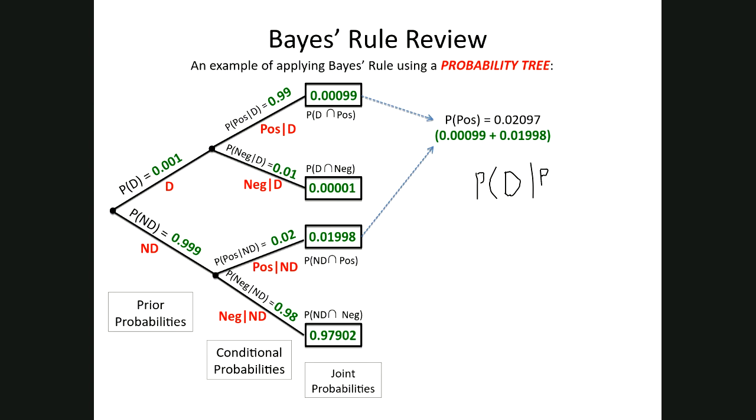That's the information that we want to know. By using Bayes' rule, as you'll remember, if we apply the definition, this is the probability that the person has the disease and has a positive test, divided by the probability that there is a positive test.